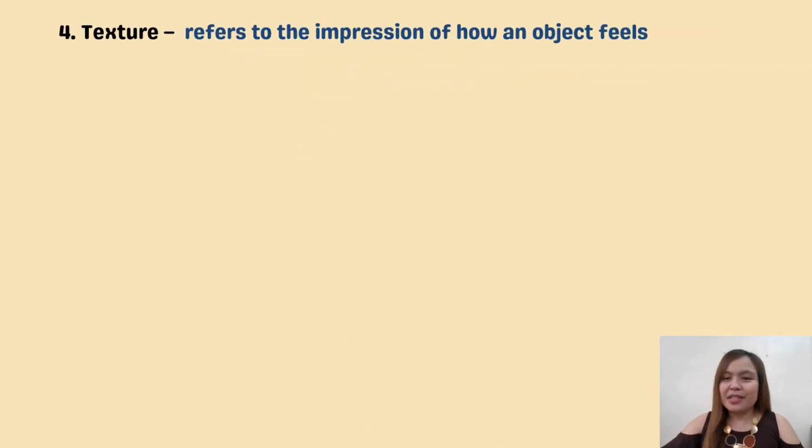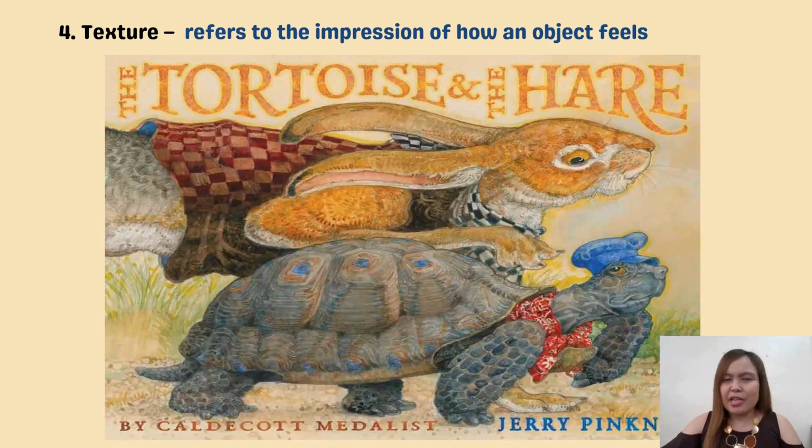Number four, texture. This refers to the impression of how an object feels. Can you feel the hard shell of the tortoise in this picture? Now, what about the fluffy and hairy feel on the hare itself? Can you feel its ears, its body?